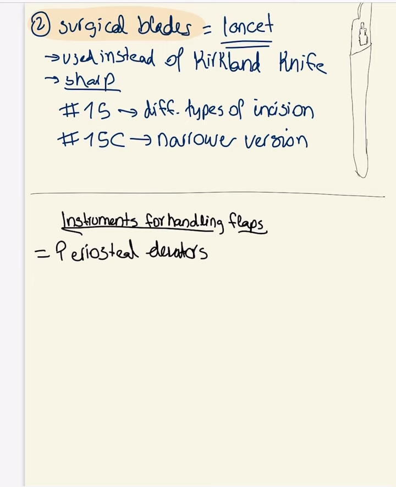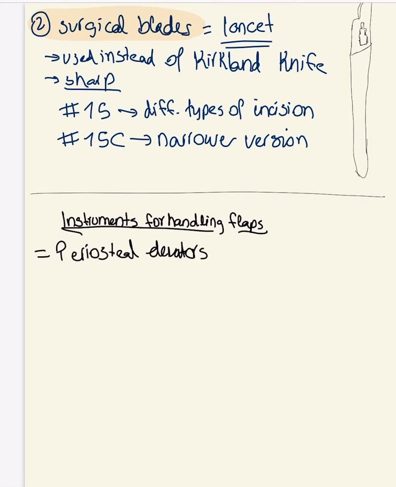The concave side is sharp. This is towards the tooth or the bone. And the convex side is towards the flap, to avoid any laceration. These elevators are spoon-shaped instruments, as I said, with a sharp cutting surface and a round edge.